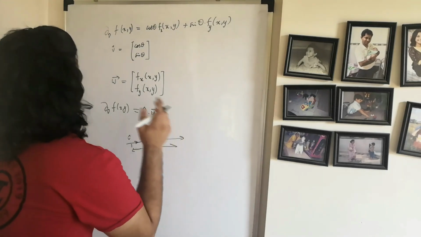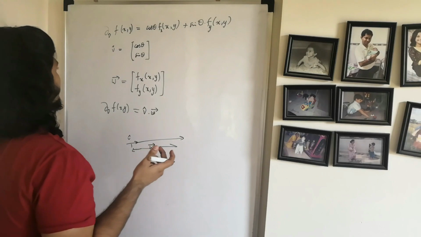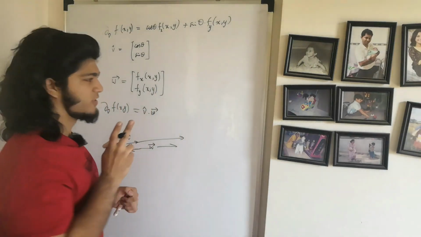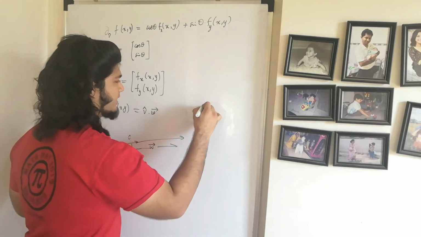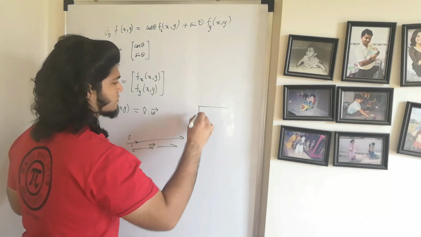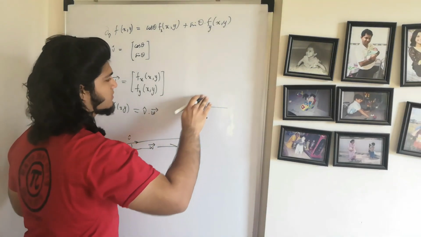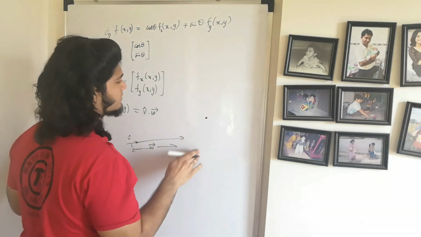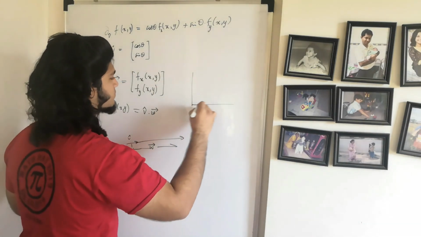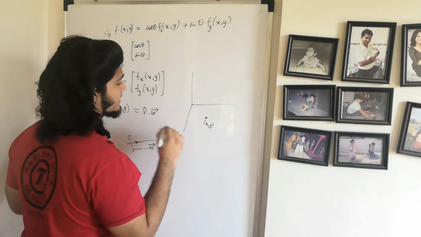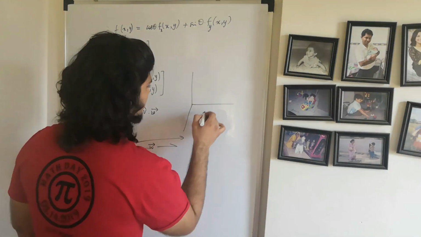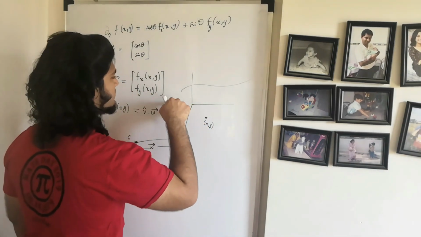Well, that means that we have basically found the direction in which the slope of the graph is steepest. So if you take a point x comma y on your xy plane in the xyz space, wait, I'll draw this better. So let's say this is your point x comma y, and this is your graph.